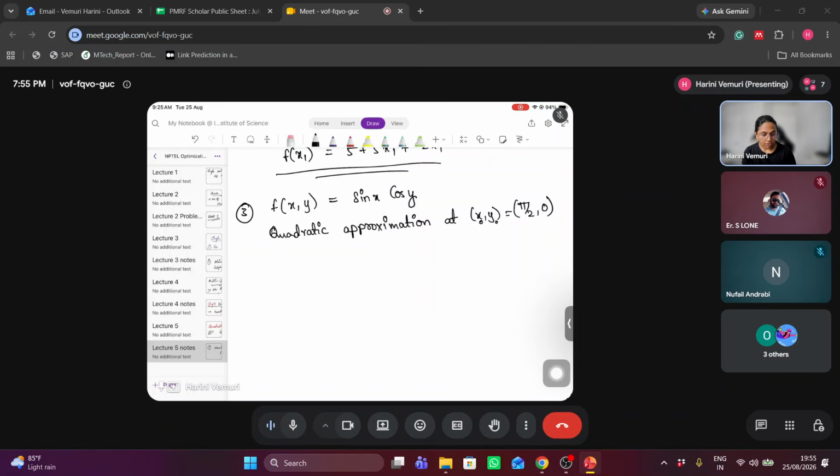So we need the quadratic approximation at x naught comma y naught equal to pi by 2 comma 0. I'll wait for 1 minute. Any answers?